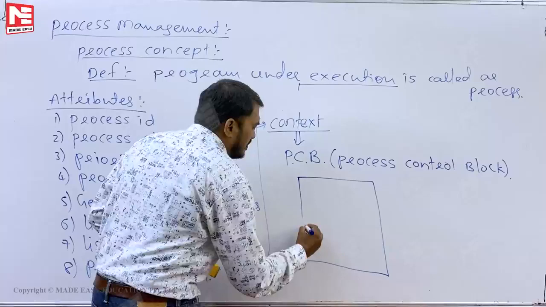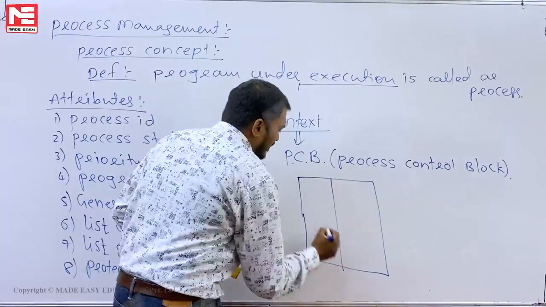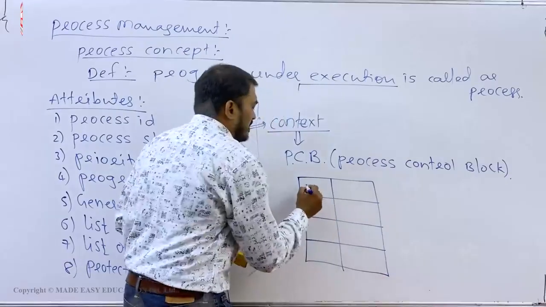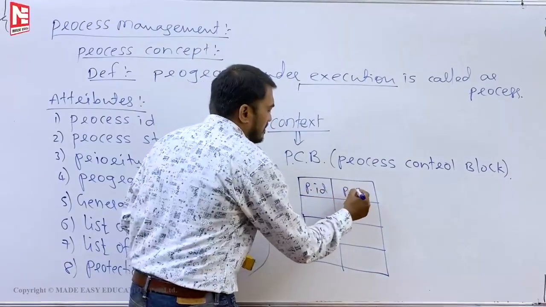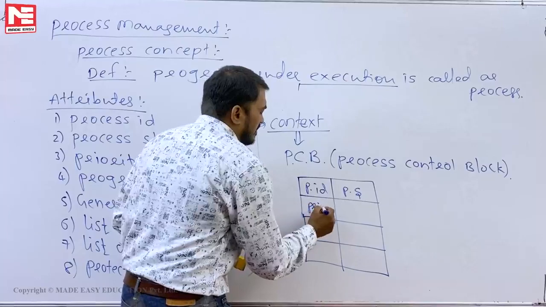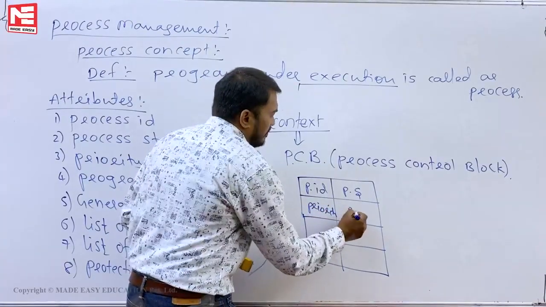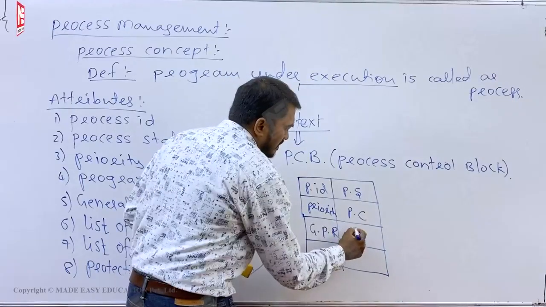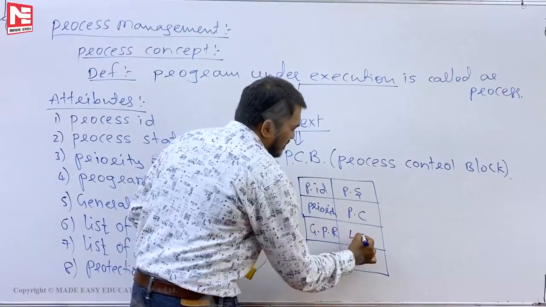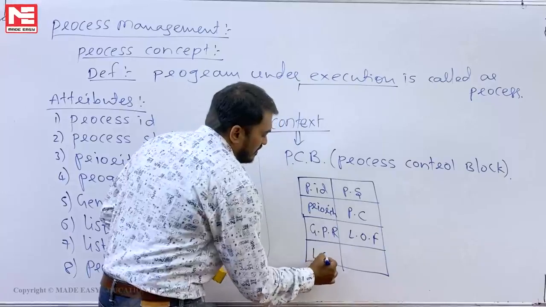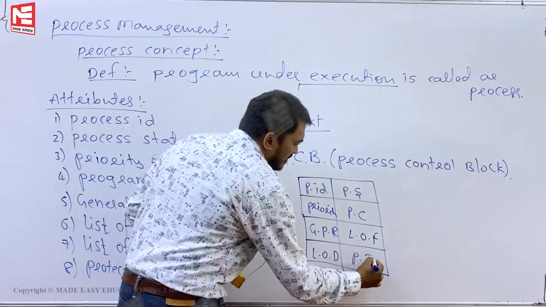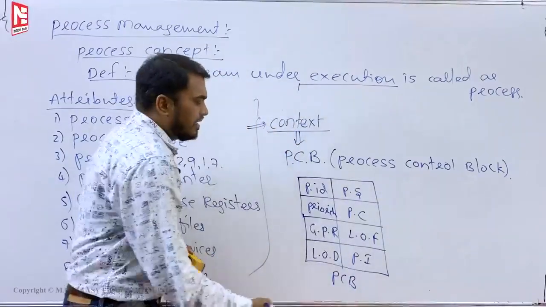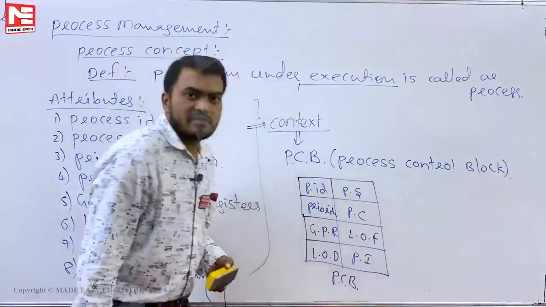All the attributes we are going to store: process ID, process state, priority, program counter, general purpose registers, list of open files, list of open devices, protection information. So this is a PCB, and you maintain all the attributes in this.